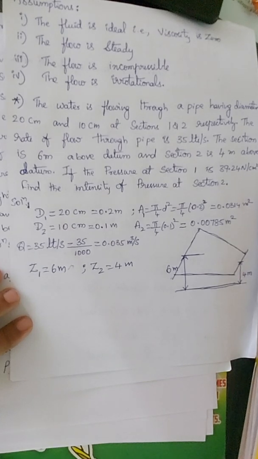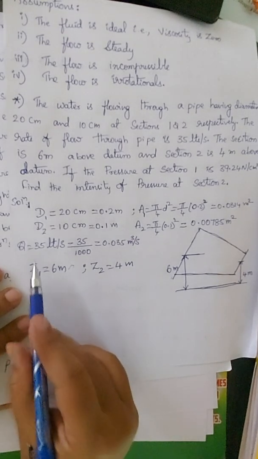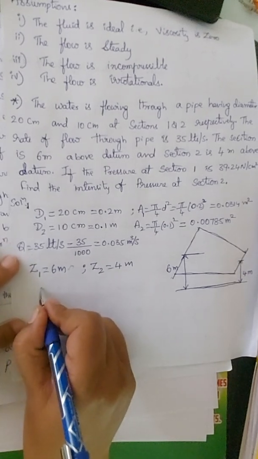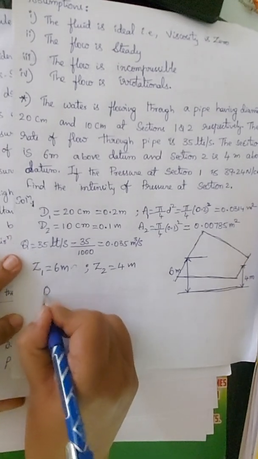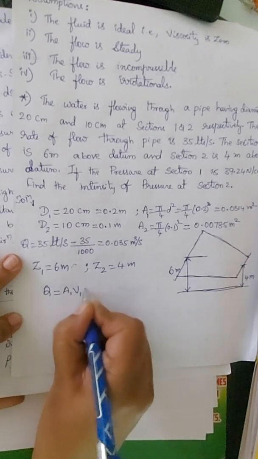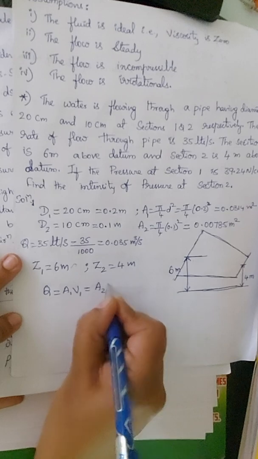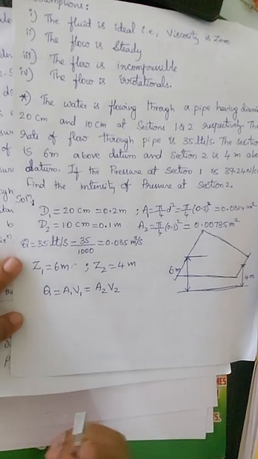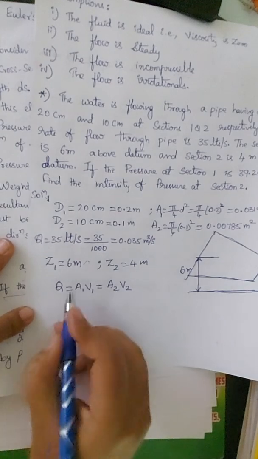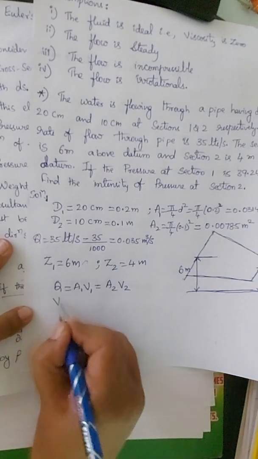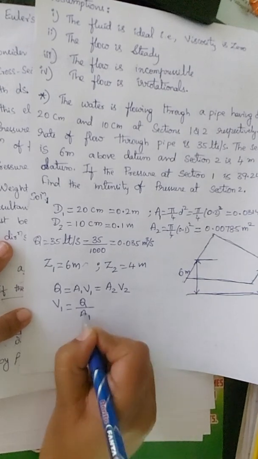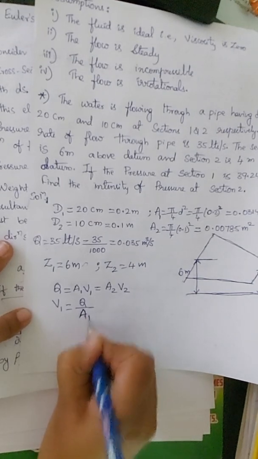Okay, now why have they given this discharge Q? We know that discharge Q is equal to A1 V1 is equal to A2 V2. And we also know that V1 is equal to discharge divided by A1. Do you remember?